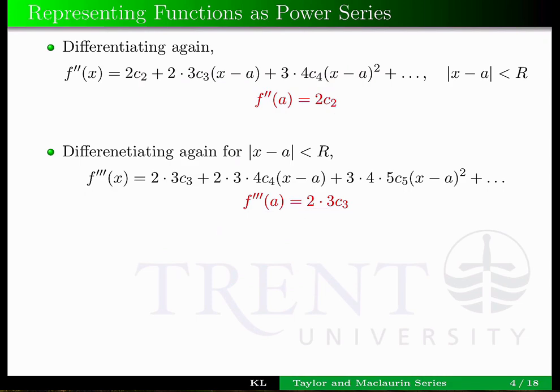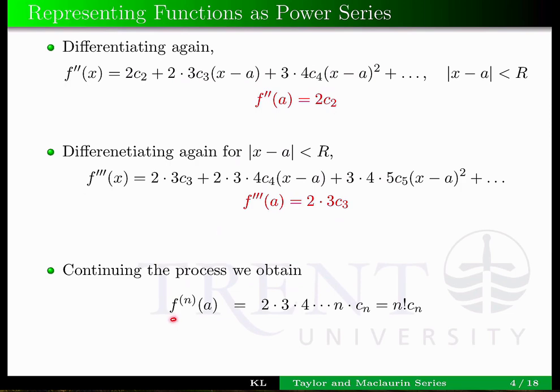If we continue the process, we will have the nth derivative of f evaluated at a. This is equal to 2 times 3 times 4 times so on and so forth times n times cn. And this one here is just equal to n factorial.